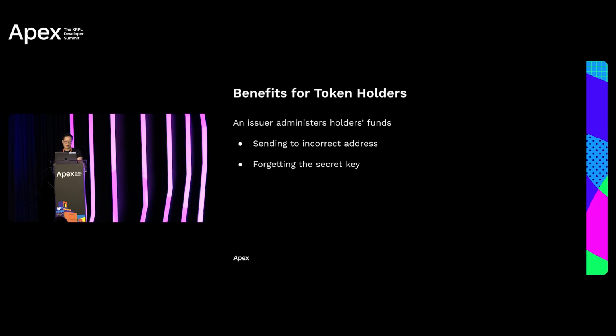However, with clawback in play, the issuer can now step in, recover the funds from the old account, and then transfer them to a new account that the holder created. As you see, clawback introduces a level of flexibility and security that can make a huge difference in these situations that were irreversible in the past.